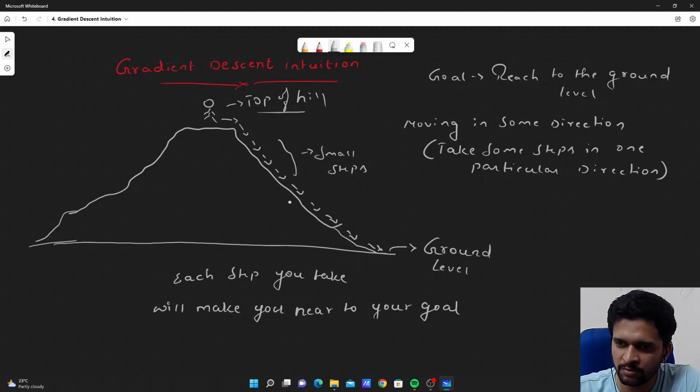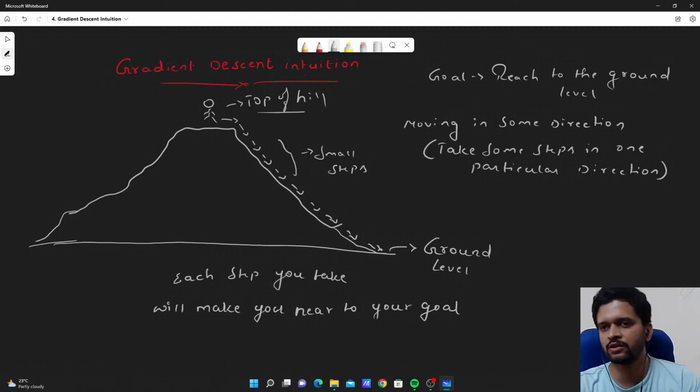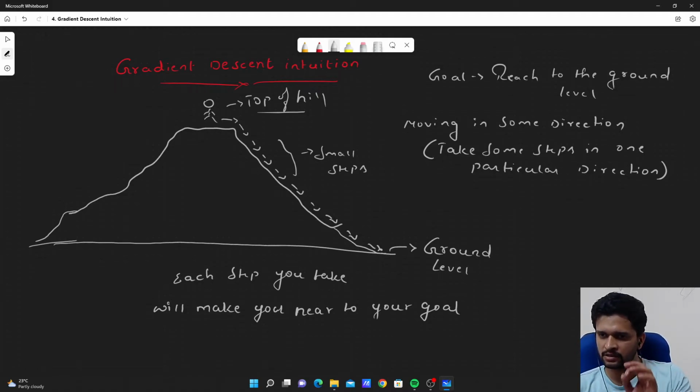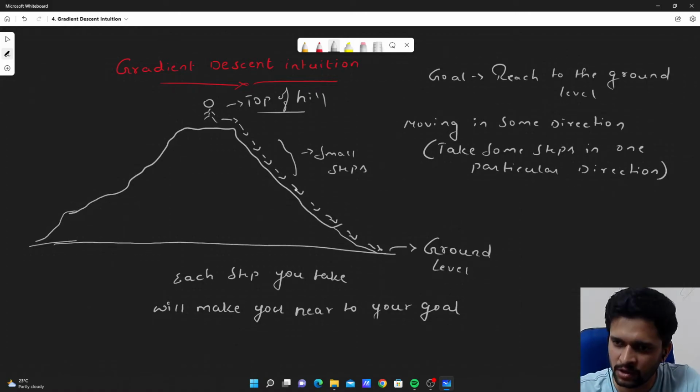This is just a 2D representation, but you can think of it as a 3D hill, wherein moving in some direction may take you to some higher level instead of bringing you to your goal, the ground level. So in order to reach that ground level, you will just look around and decide to go in one particular direction, but take cautious small steps. This is how gradient descent works in general, not in a mathematical way.